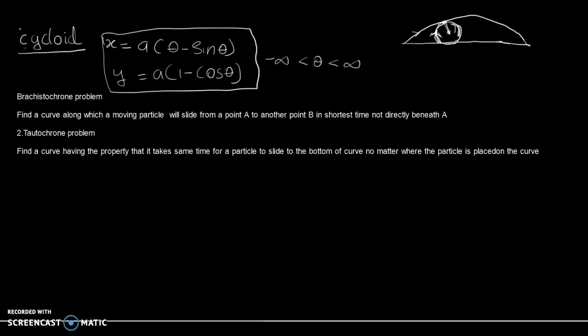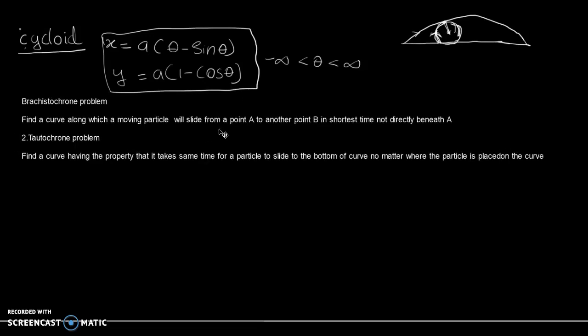Today we are continuing the parameterized curve portions. Next, what do you mean by a cycloid? The parametric coordinates for the cycloid are x is equal to a into theta minus sine theta, y equal to a into 1 minus cos theta, where theta lies between minus infinity and infinity.